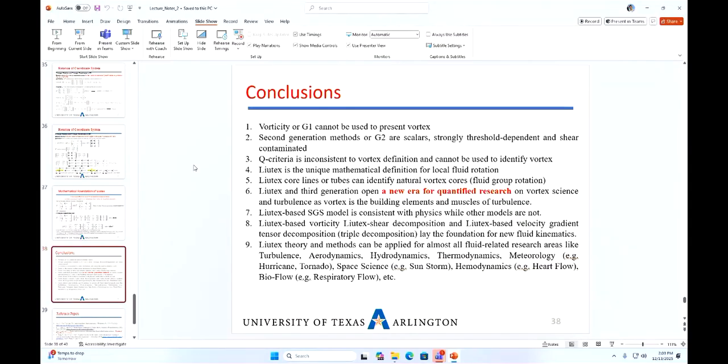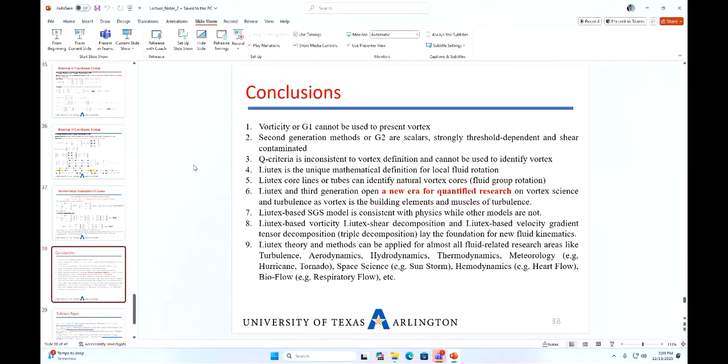That's what I say, the impact. Because I think all of this is fluid related. No matter if it's hydrodynamics, aerodynamics, high speed, atmosphere, ocean physics, everywhere they use the traditional, classical SGS model and vortex definition, which have no scientific foundation.